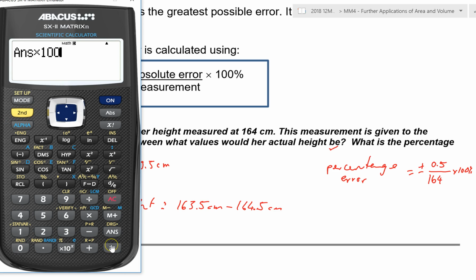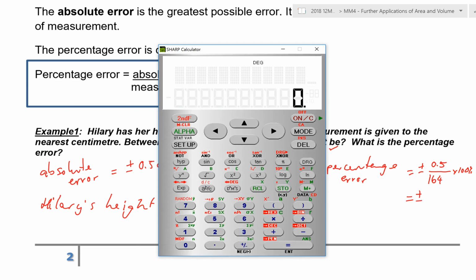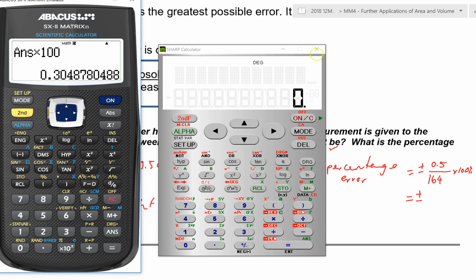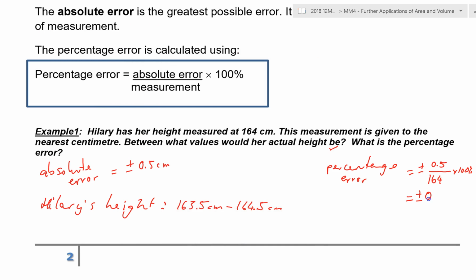I don't press the percentage button though, avoid that percentage button like the plague. And so that means that my percentage error equals, don't forget the plus or minus symbol there, plus or minus 0.3%. That's my percentage error. Don't forget the plus or minus symbol. Don't forget to express it as a percentage. And there we go. That's the percentage error.